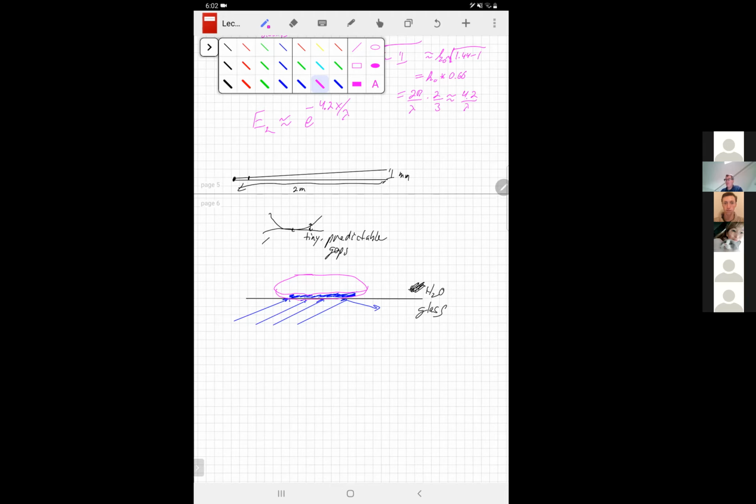Then maybe I want to put this cell, which is going to be in some sort of aqueous environment, on top of some glass and have the light in the glass come in at an angle that will give total internal reflection. And the light will only get like 100-ish nanometers in there. Actually, it's going to be less than that because the wavelength in water is smaller. So the light will get less than 100 nanometers in there.